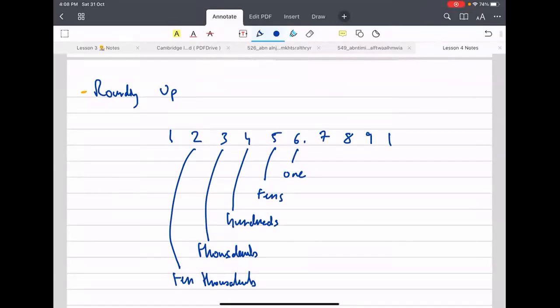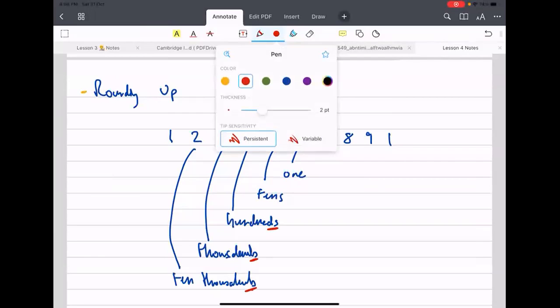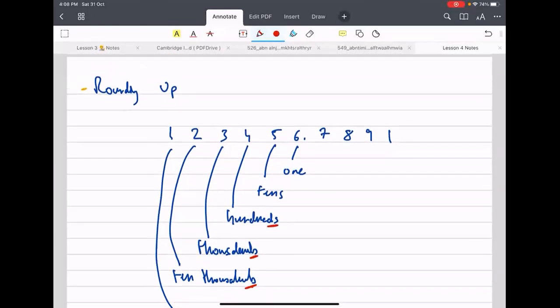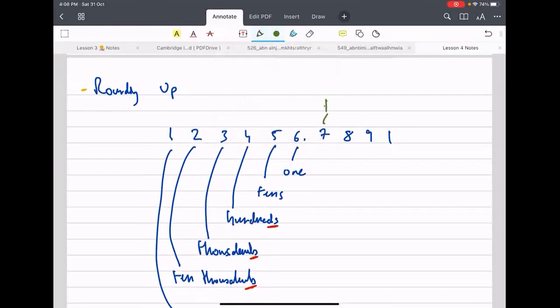Notice the D. This is 100,000. Again, notice the D. On the other hand, this is to the nearest tenth and hundredth, thousandth, ten thousandth.